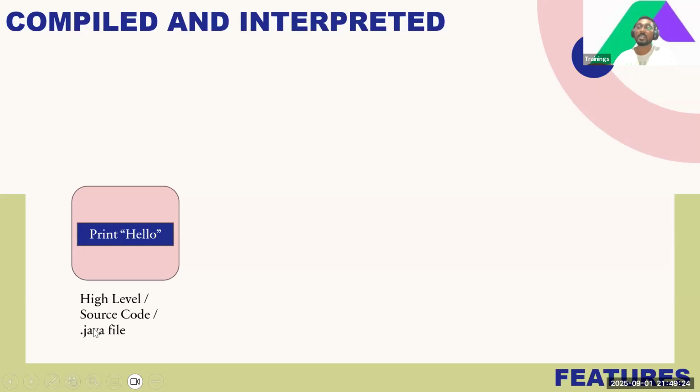How will my system get to know this is a Java file? How will you know which kind of file this is? Is it a PDF file, a video file, an audio file, a Word file, or an Excel file? On what basis will you decide the file type? With the file extension, yes or no?